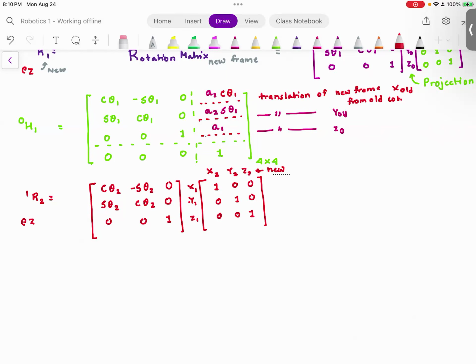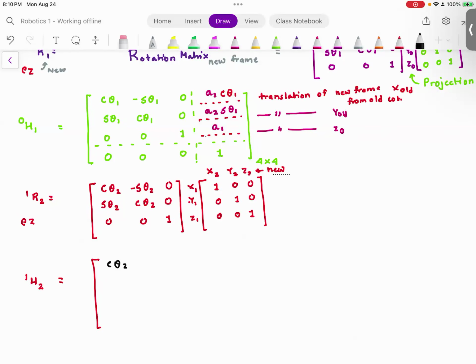Now the next thing we need to do is derive the homogeneous transformation. To derive the homogeneous transformation, we start with 1H2. And in 1H2, first I'm going to rewrite this matrix.